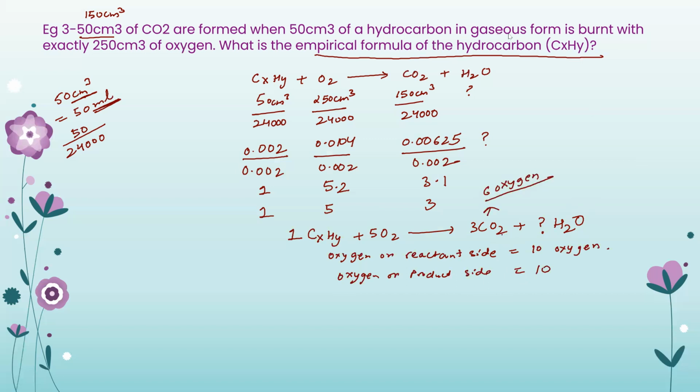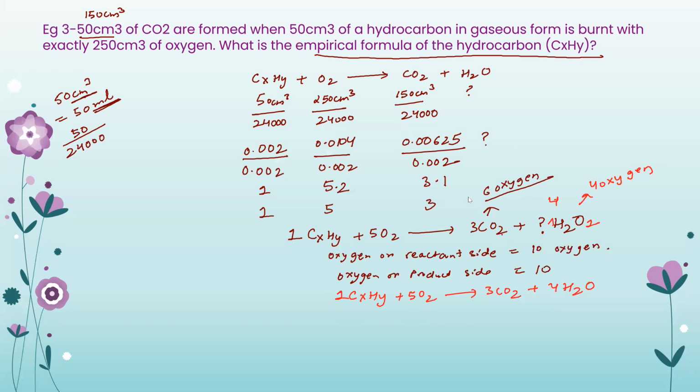So probably here would be a 4, then 4 ones are 4 oxygens, and a total of 10 would be there. So what would be now the exact balanced equation? The exact balanced equation would be CxHy plus 5 O2 give rise to 3 CO2 plus 4 H2O.